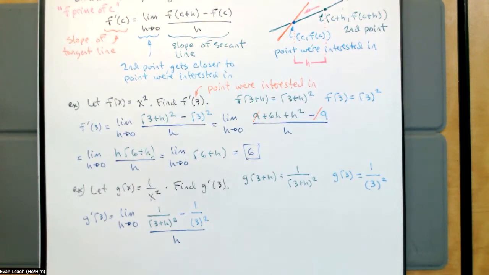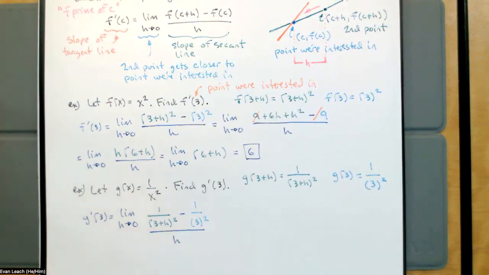Man, I really wish I could evaluate this limit by just plugging h equals 0 in, but that h in the denominator is messing up our plans. So we've got to cancel it out. We're looking at this h down there and saying, you are being a problem, so you have got to go.